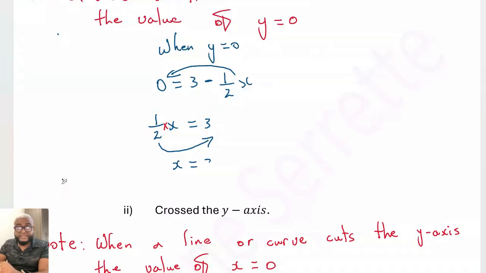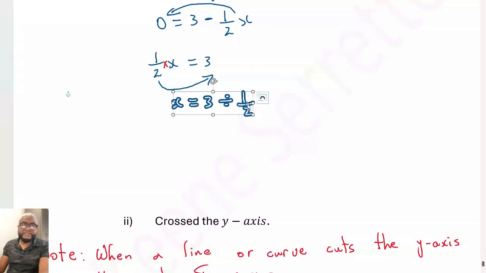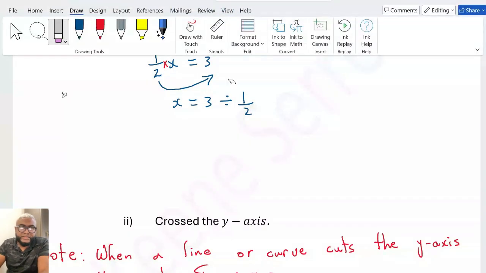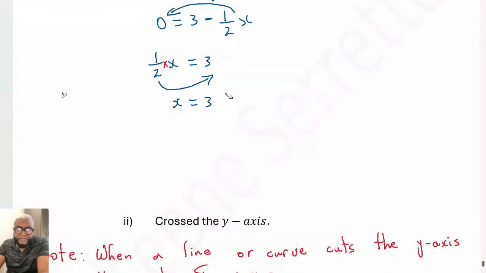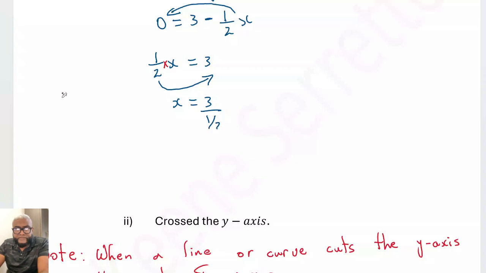So it will be x is equal to 3 divided by a half, which will give me what? Hold on. It's 3 divided by a half. Somebody tell me what that'll be, please. 3 divided by a half, x will be equal to 6, right?